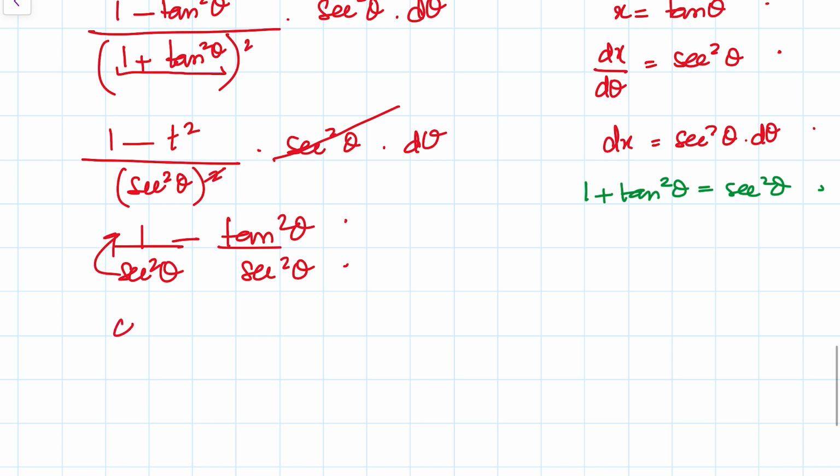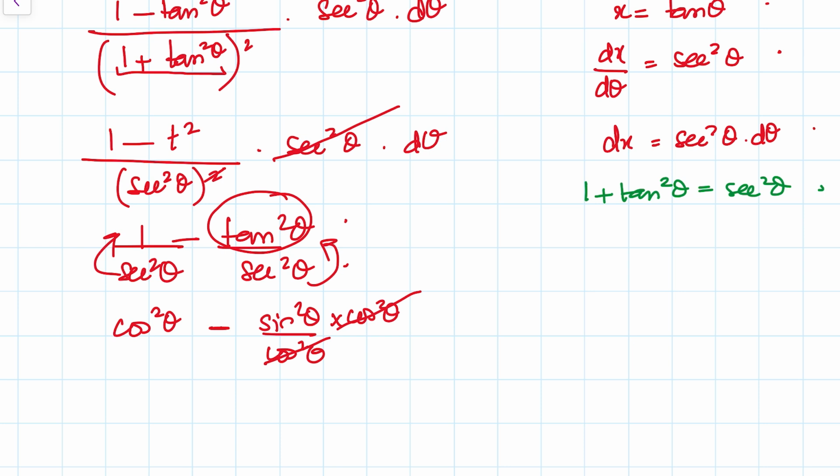This goes up to become cos square theta, minus tan square is sine square upon cos square. This goes up to become cos square, cancels out. We are left with cos square theta minus sine square theta. And if you recall, cos 2 theta equals cos square theta minus sine square theta. I use a lot of trigonometric double angle identities.